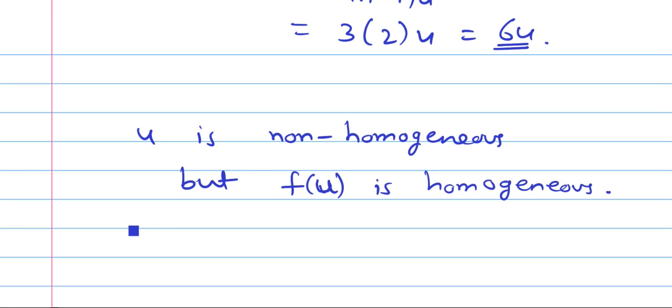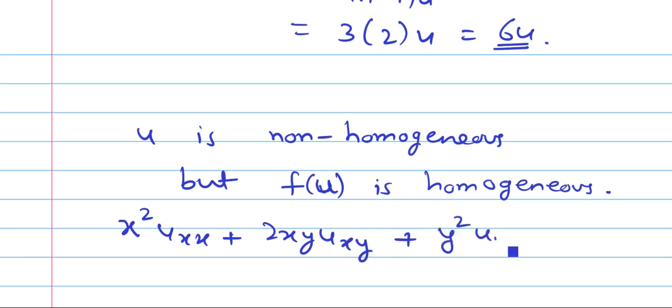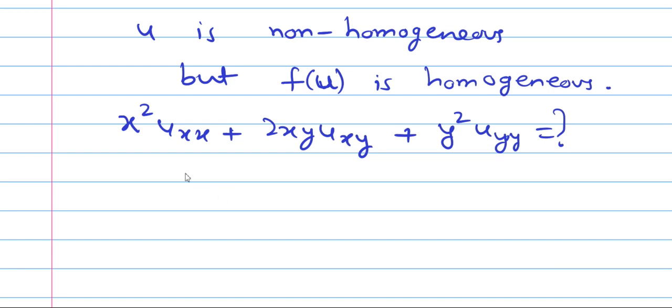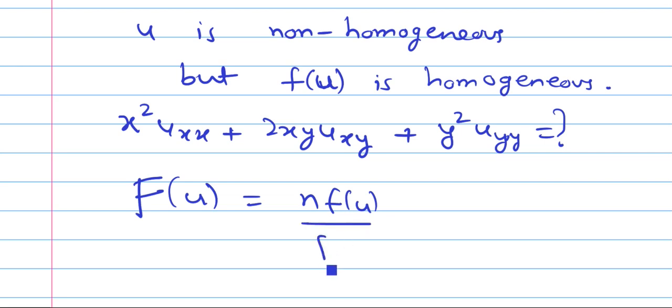We have to find out x square uxx plus 2xy uxy plus y square uyy. Here u is non-homogeneous, but f of u is homogeneous. In this case, first you should calculate capital F of u, which is n times small f of u divided by f dash u.